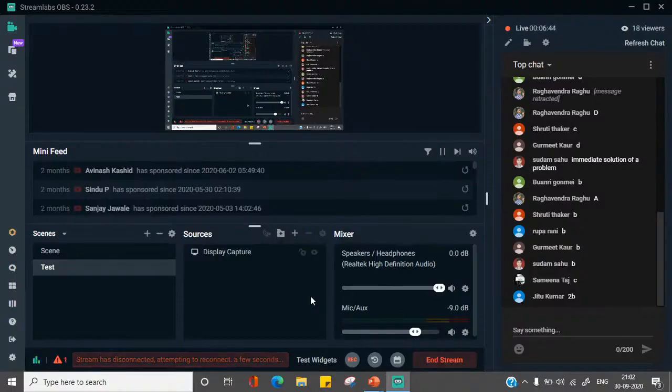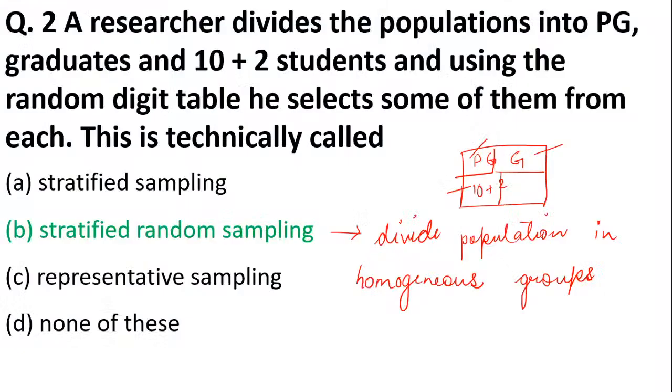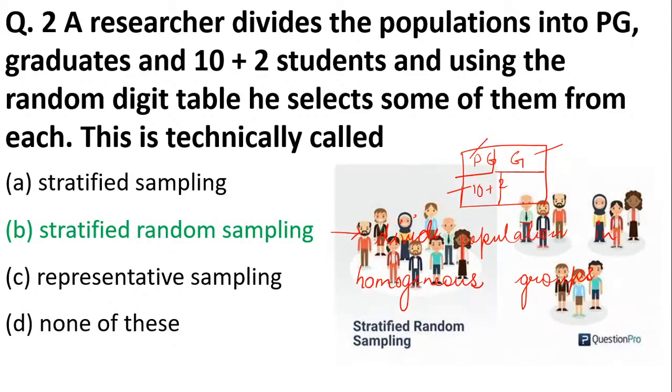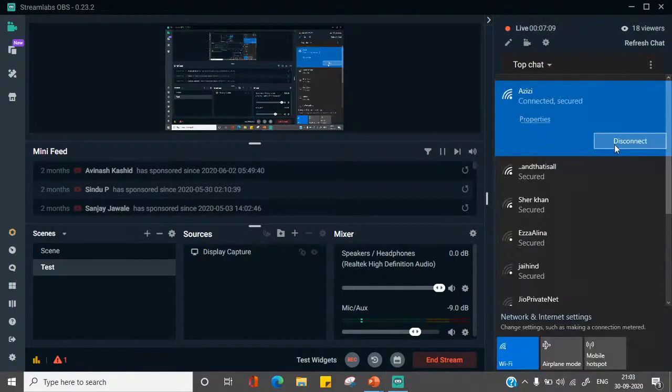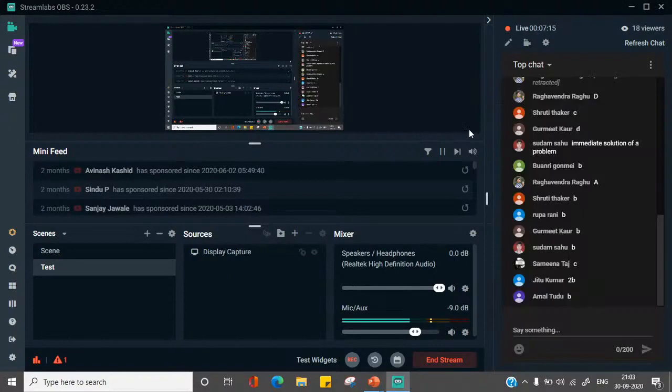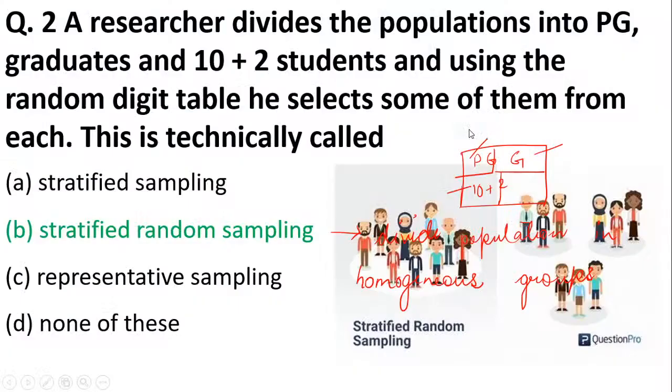Dividing the population in... okay. Now this is a picture.